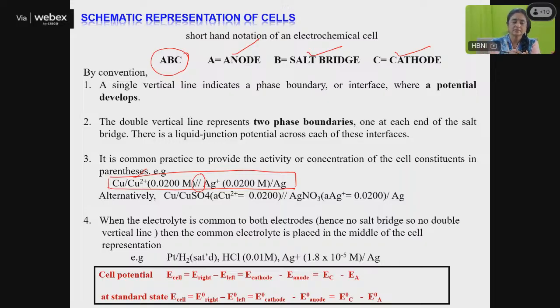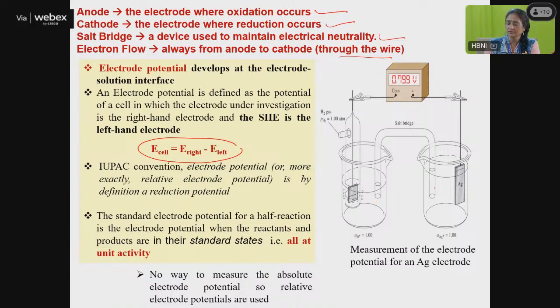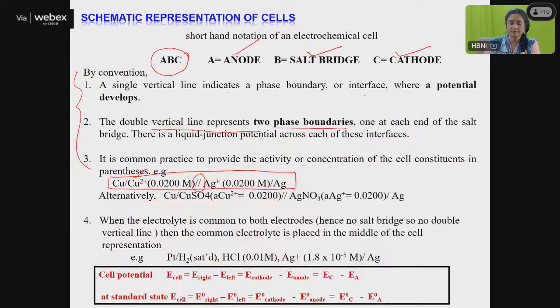By convention, a single vertical line indicates a phase boundary or interface where a potential develops. The double vertical lines represent two phase boundaries, because in a salt bridge there is an interface of the salt bridge and solution on one side, and also an interface of the salt bridge and solution on the other side. Therefore, the two lines are there for the two boundaries of the salt bridge.